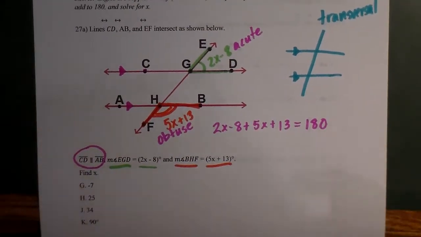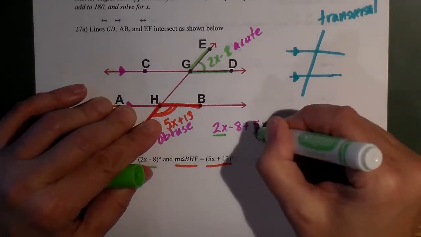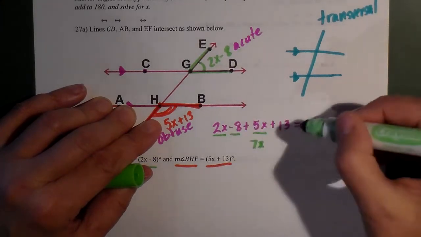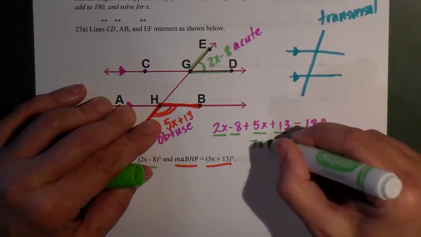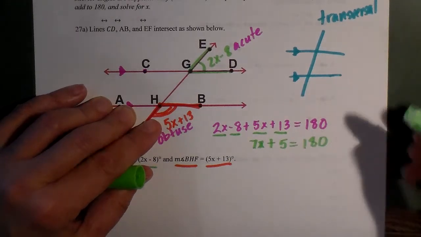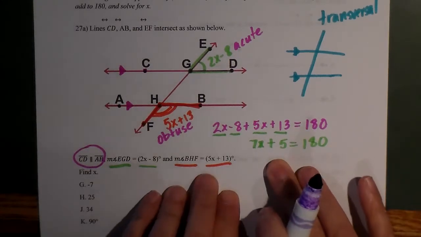So then you're going to come through and you're going to solve this using algebra, your favorite thing in the world. Let's combine like terms. 2x plus 5x is 7x, and negative 8 plus 13 is 5. So all I've done is combine the x terms and combine the constants, which are our numbers. Now let's get the x term all by itself.